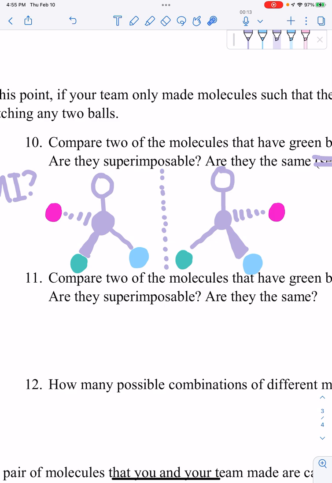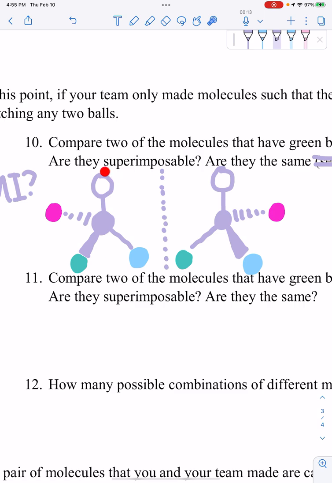So the first thing that we're going to address is the mirror imaging. I have this arbitrary mirror plane right here. And all I've done, these are the same model that has the green ball on the left, just like the instructions said. And we want to see if these are mirror images of each other. So let's start out.